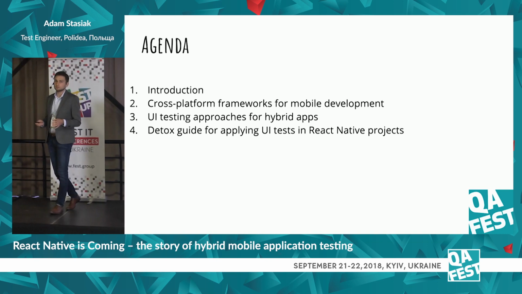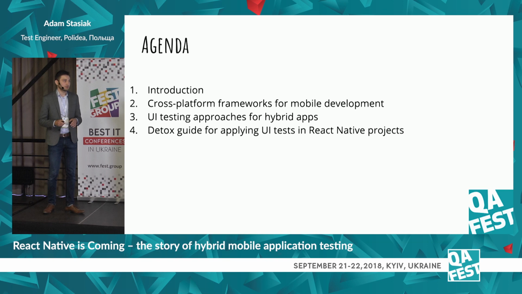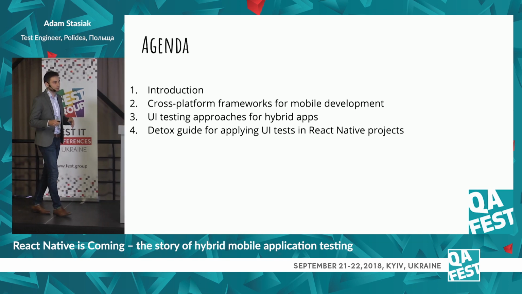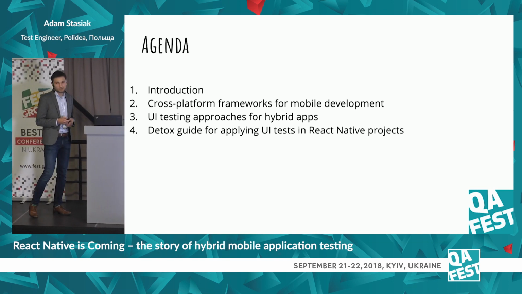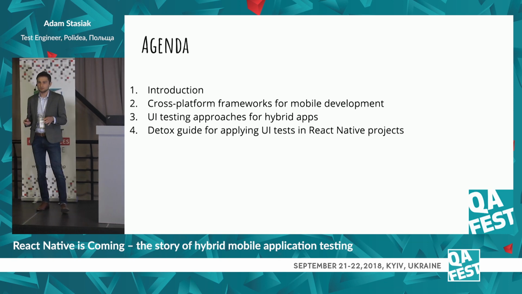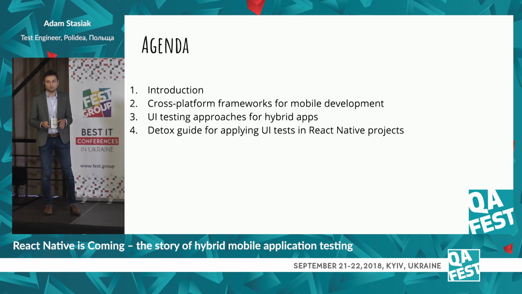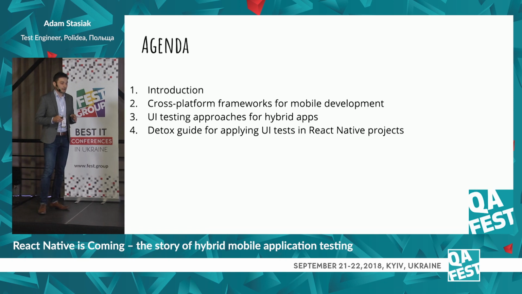I will show an example of a React Native app, and we'll dive into code, and I hope after this lecture you will be able to start developing automated checks for your hybrid project.